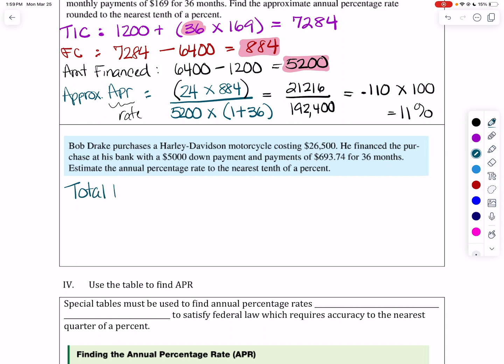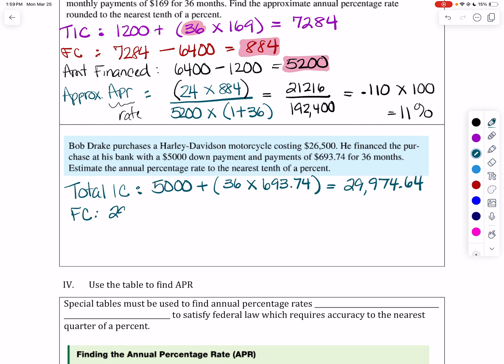So the total installment cost, I forgot to abbreviate there, is the down payment plus the number of payments times the amount of each payment. And so $29,974.64. The finance charge is that number minus the original cost of the motorcycle, which is $3,474.64.